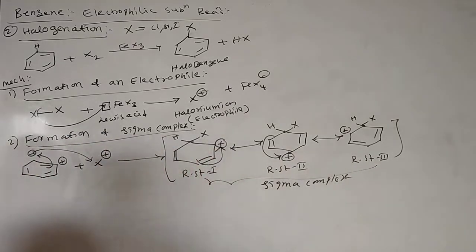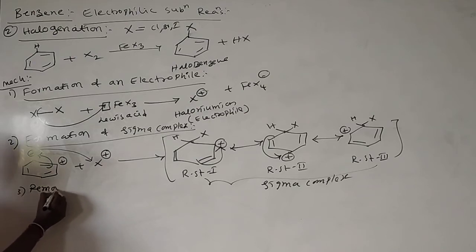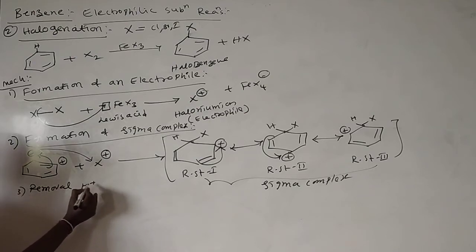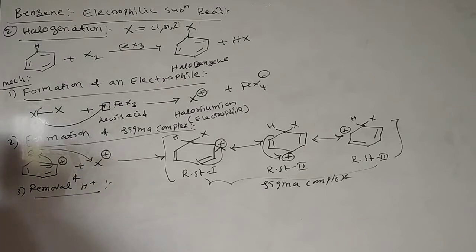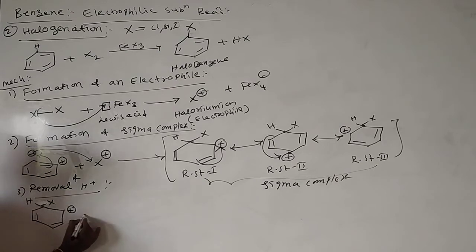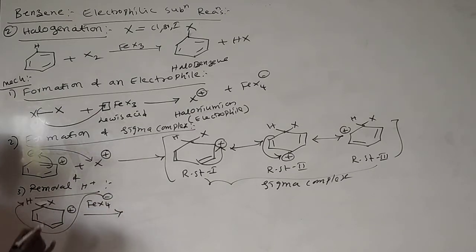Next, the third step, removal of H plus ion. Take any one of the resonance structures for our convenience. I took the first resonance structure, H, X. FeX4 minus attacks here.